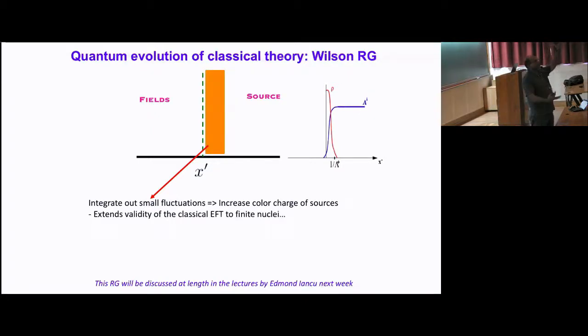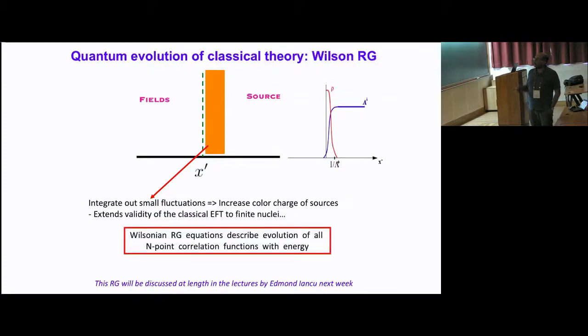Earlier you needed a very large nucleus to get a large dimensional representation of sources. However, when you add quantum fluctuations as you change scale to your definition of sources, that enhances the size of your sources, and that's what extends the validity of this classical EFT to finite nuclei.